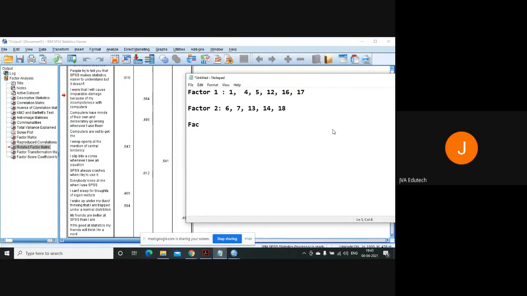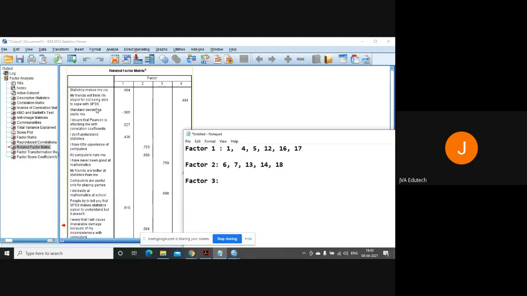Factor 3. Which are the determinants of factor 3? First, second, third, fourth, fifth, sixth, seventh, eighth, right? Yes, sir.